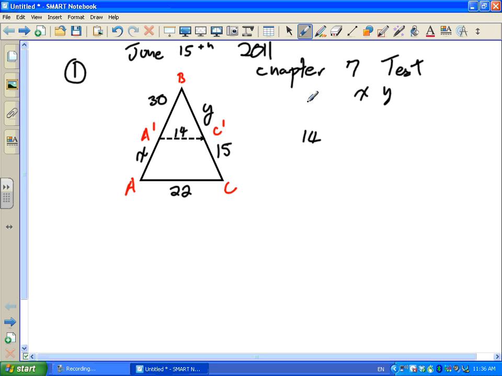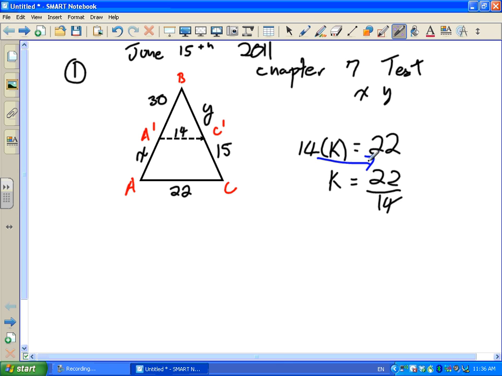And we can find out what our K is. So what we're going to do is we know that 14 times some number, we'll call it our K, is going to equal 22. So K is equal to 22 divided by 14. That's when I bring 14 to the other side of the equation, I have to divide by it.